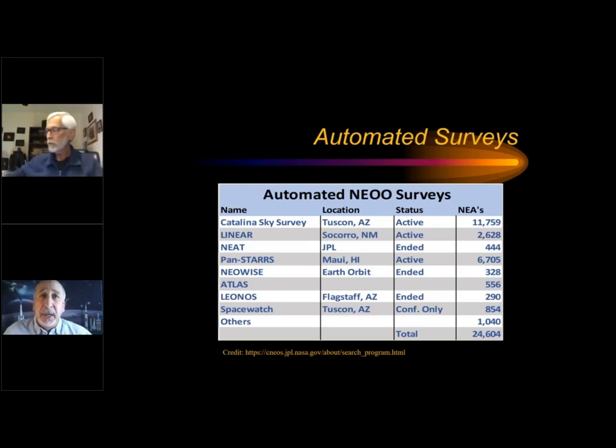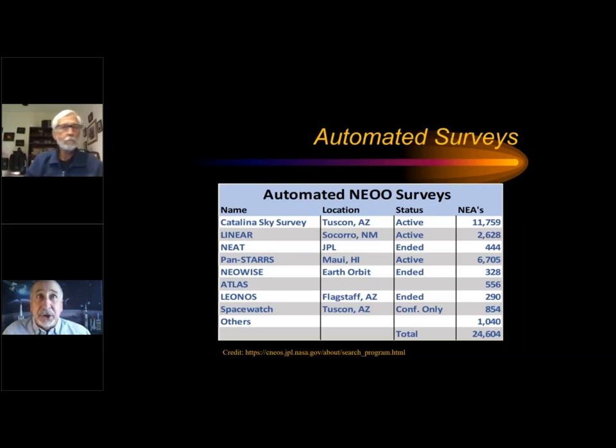They're funded primarily by NASA, but in other countries by other governmental agencies. One of the most well-known and prolific is the Catalina Sky Survey, based in Tucson. That survey has discovered over 11,000 near-Earth asteroids. These are the ones that are relatively close or get relatively close to the Earth.